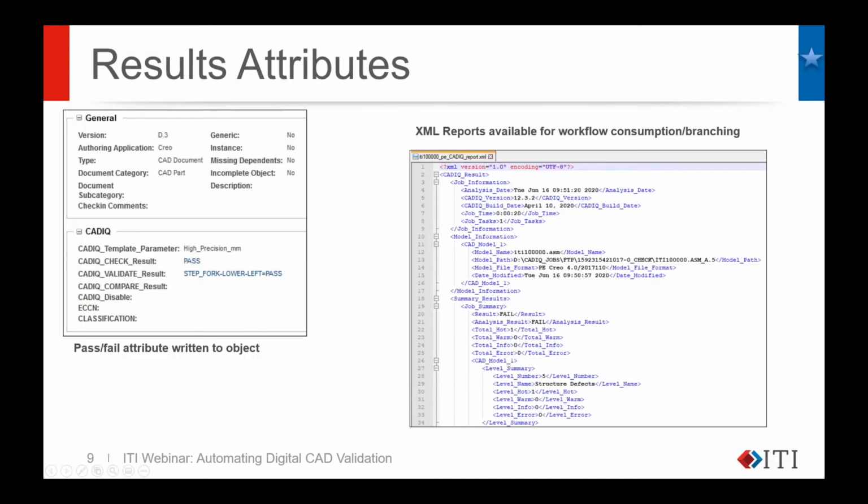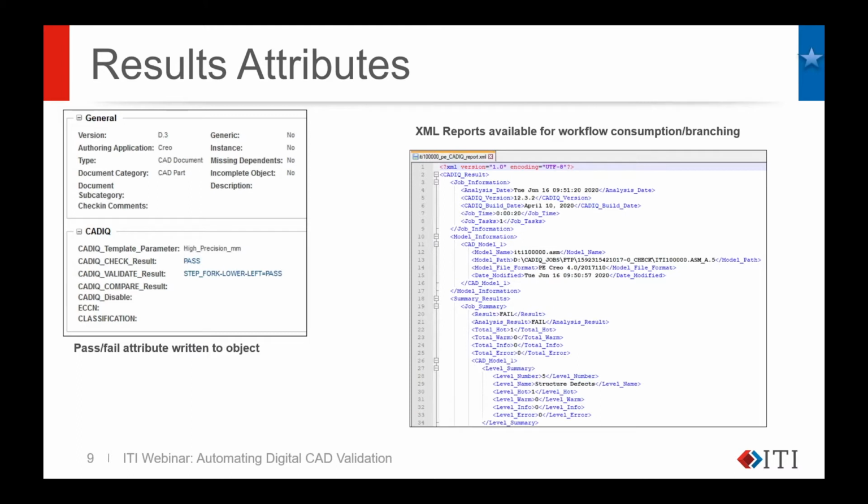And behind the scenes, that automated workflow, whether it's triggered by a user or through a workflow, is going to generate a lot of useful information for the PLM support team to look at how they can incorporate this into each company's business process. So things like XML reports, a very structured way to query in detail what CADIQ found in the validation of data, different elements depending on the business process.